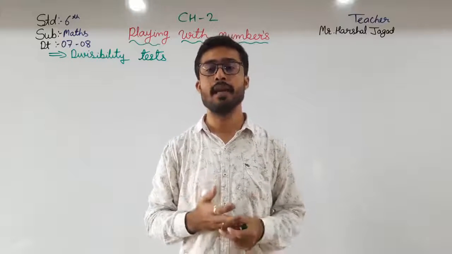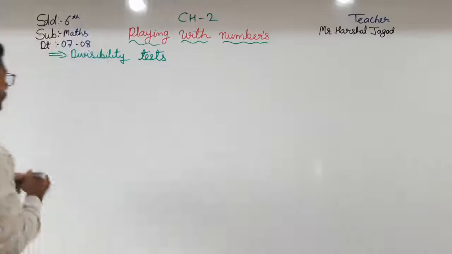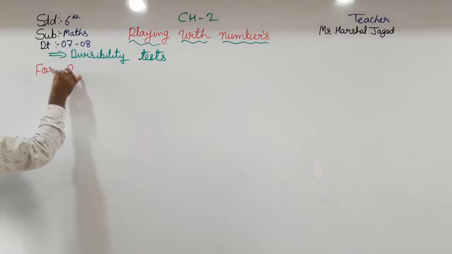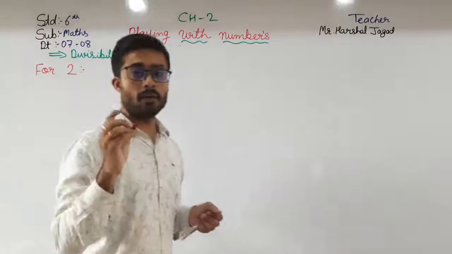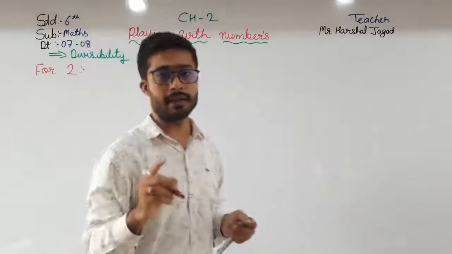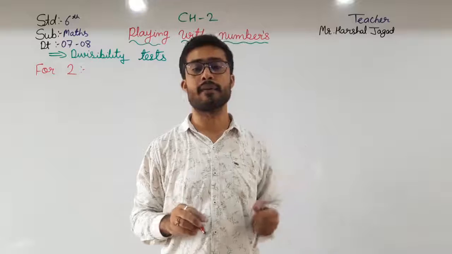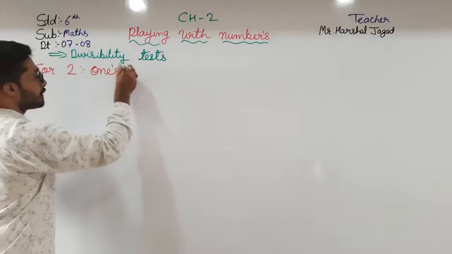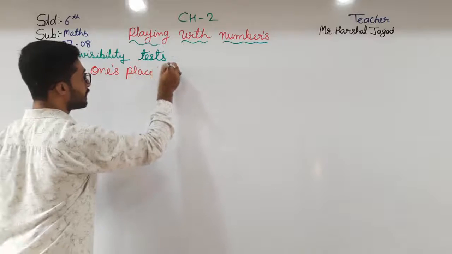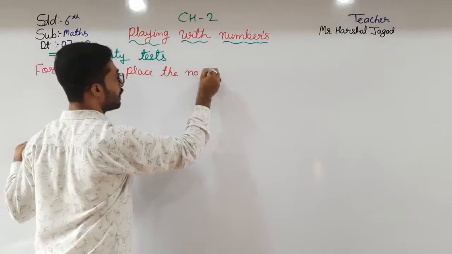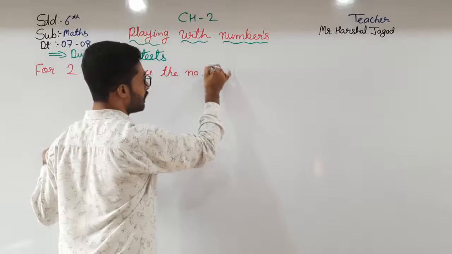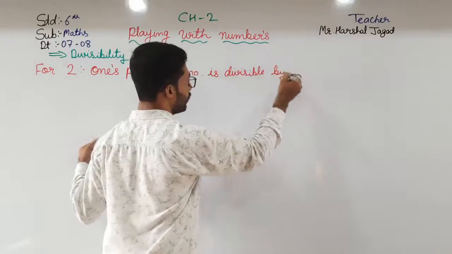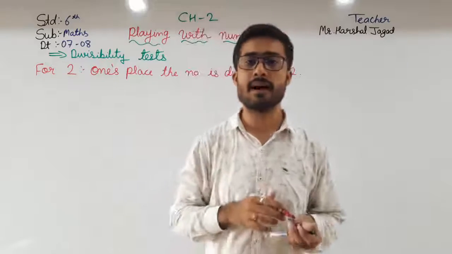For 2, at the ones place, if the digit which is on the ones place is divisible by 2, then that number is divisible by 2.